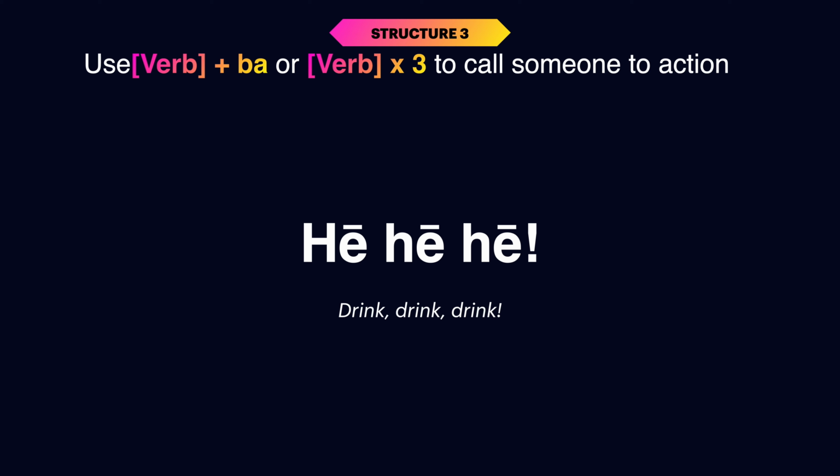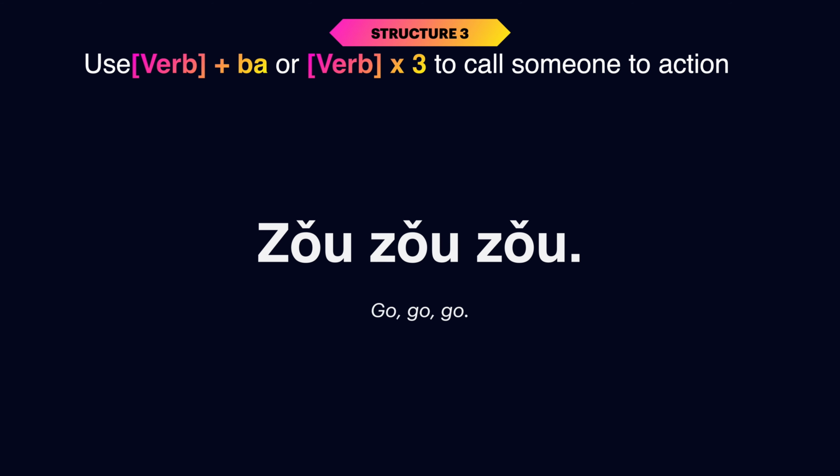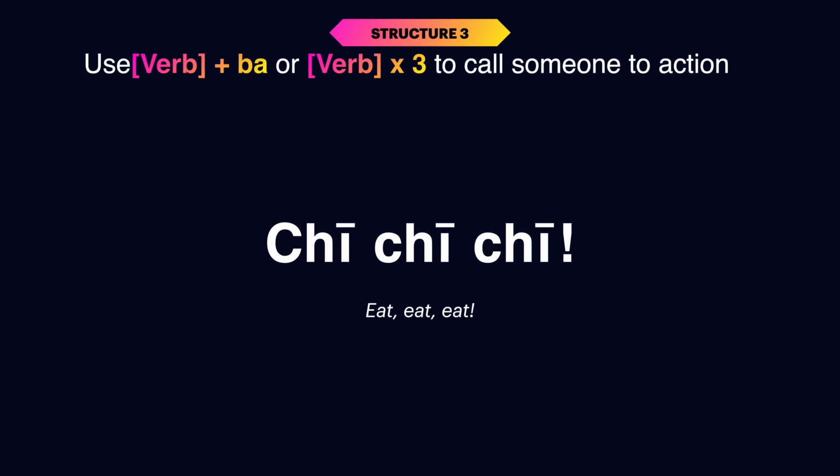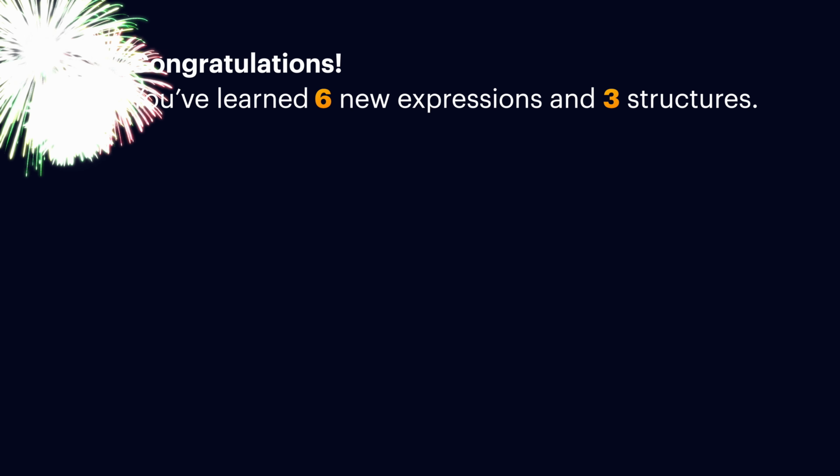Or we can just repeat the verb 3 times like 喝喝喝, drink drink drink. 走走走, go go go. 来来来, come come come. 吃吃吃, eat eat eat, etc. Great.